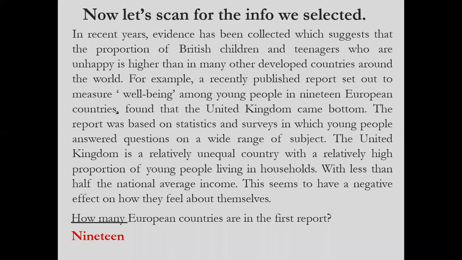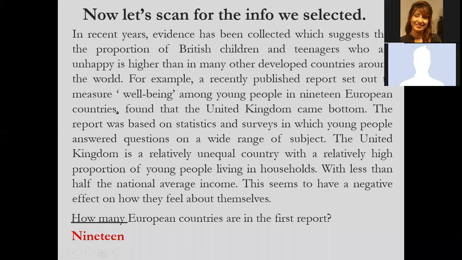In recent years, evidence has been collected which suggests that the proportion of British children and teenagers who are unhappy is higher than in many other developed countries around the world. For example, a recently published report set out to measure well-being among young people in 19 European countries and found that the United Kingdom came bottom.